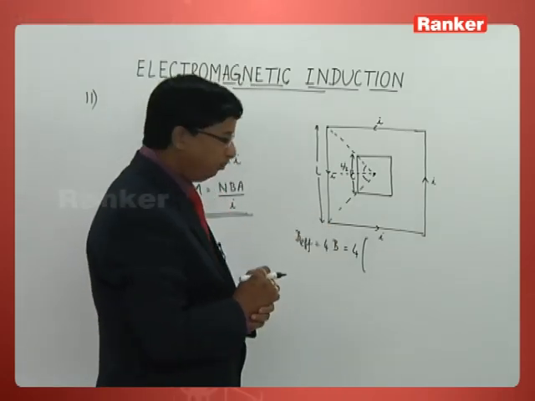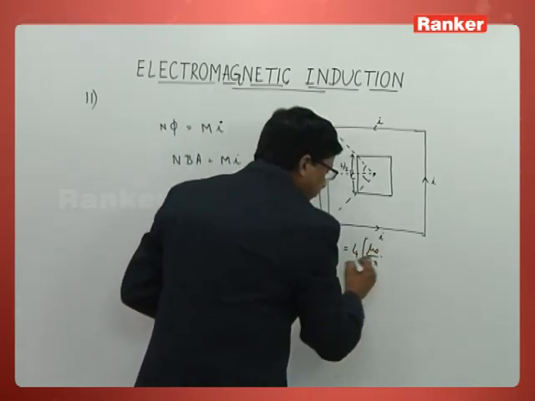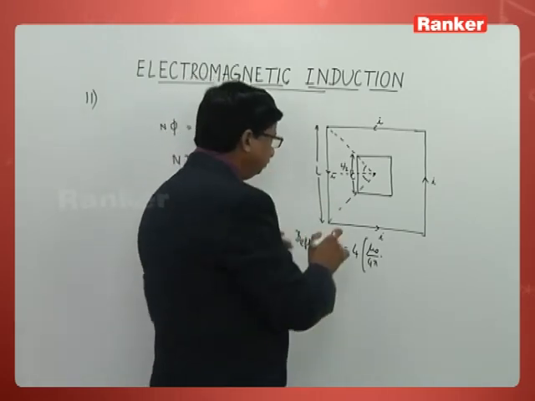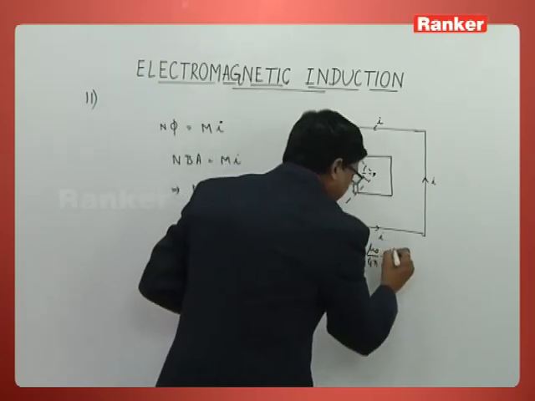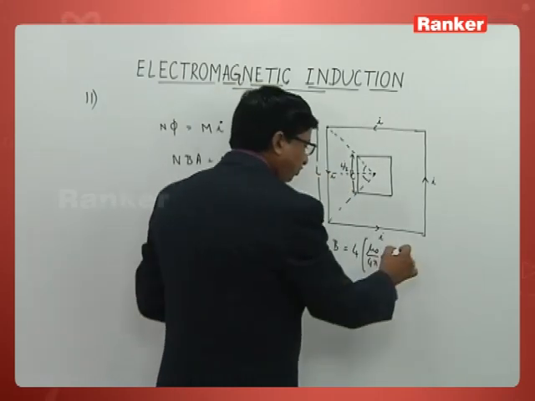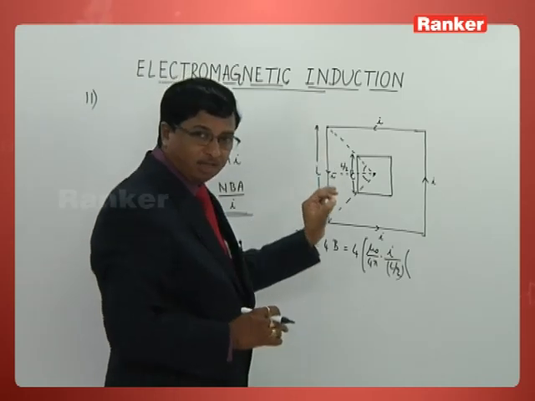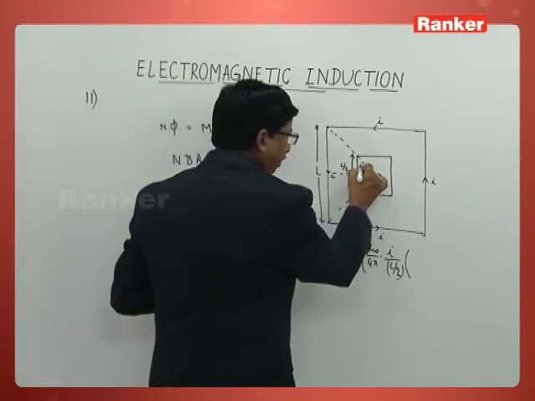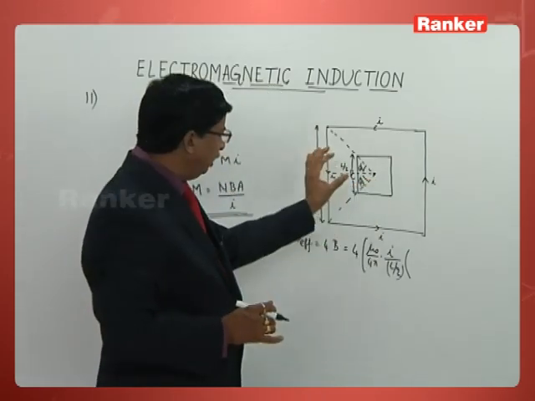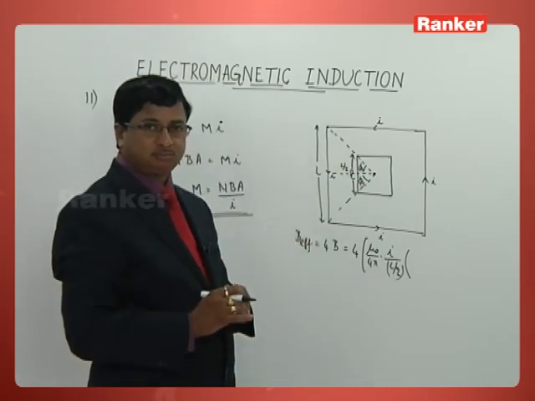Recollect the formula there: mu naught by 4 pi, I by R. R is this, so I by L by 2, into sin phi 1 plus sin phi 2. If I take this angle as phi 1 and this angle as phi 2, you can easily understand from this figure that phi 1 and phi 2 both are equal to 45 degrees.